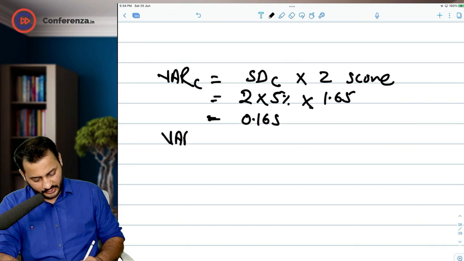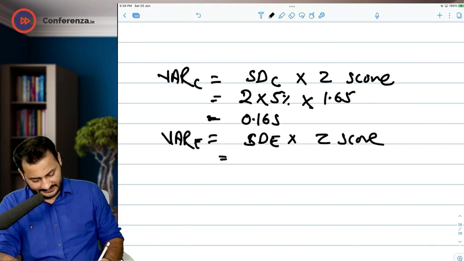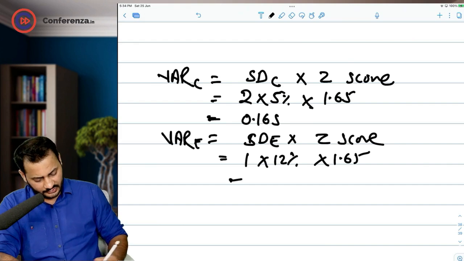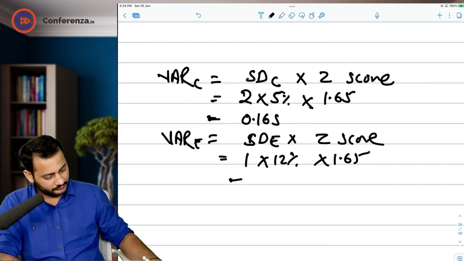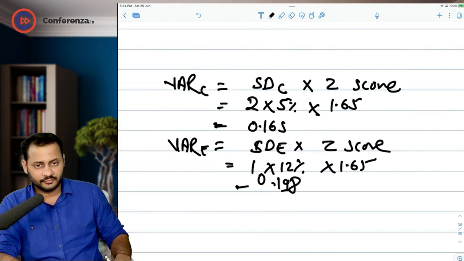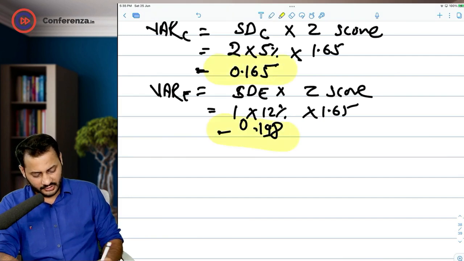Again, we will calculate VAR of the euro, which is standard deviation of the euro into z-score. This is 1 million into 12% into 1.65. So this will give you somewhere the figure of 0.198.